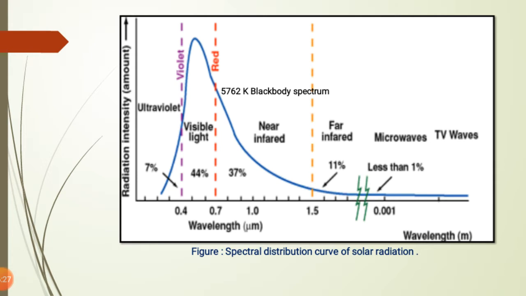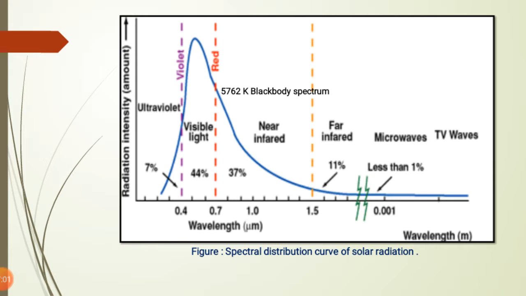The ultraviolet rays present in the solar spectra are only nearly 7%, that means the minimum amount, but the solar spectra consists of visible light which is nearly 44%, that is the maximum radiation present in the solar spectra, and which is the visible light, that means from violet to red, and the wavelength is 0.4 to 0.7 micrometer.